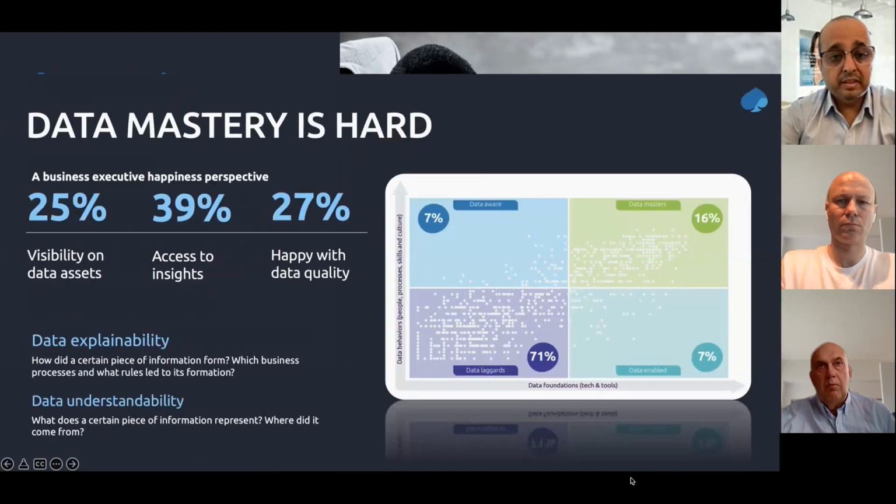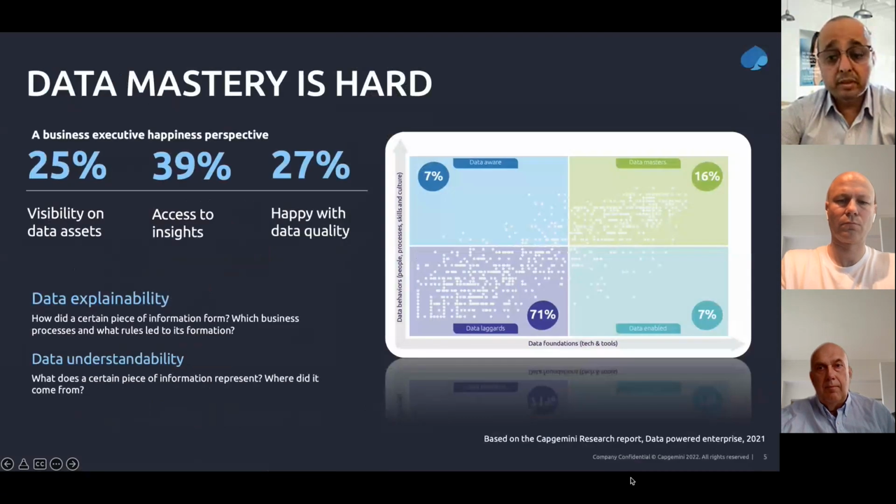But is that easy? Based on the survey that Capgemini Research did in 2021, only 25% of the business executives surveyed were happy with the visibility on data assets.